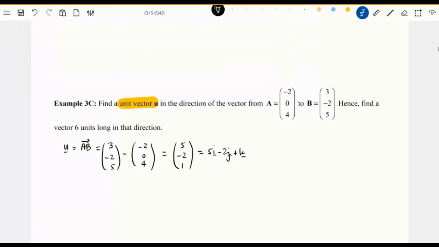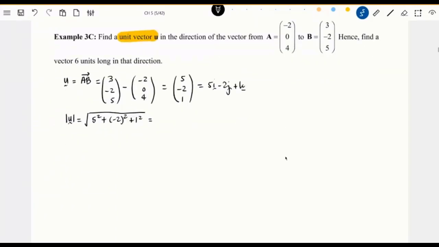Okay, so we solved that part already. Now we need to find the unit vector. It means you have to find the magnitude of this vector. So we're gonna have 5 square, negative 2 square plus 1 square. So kita dapat berapa ni? Magnitude kamu?